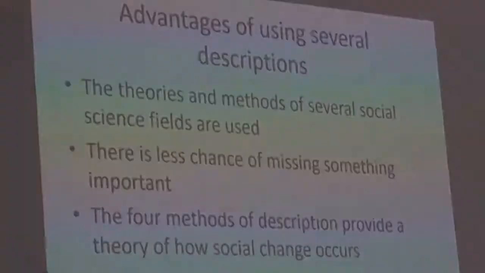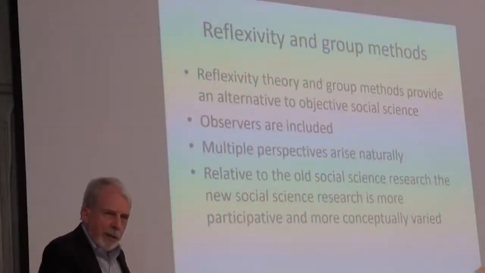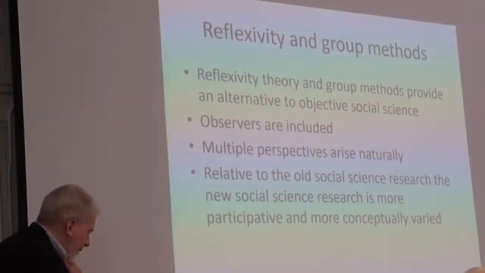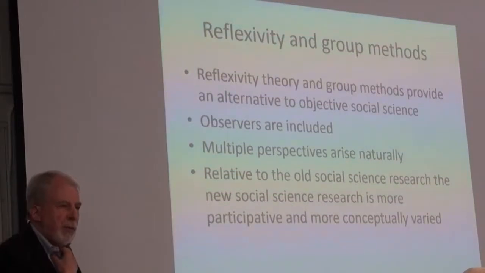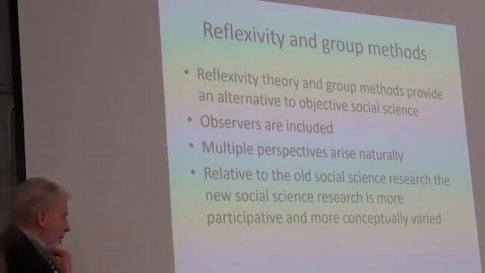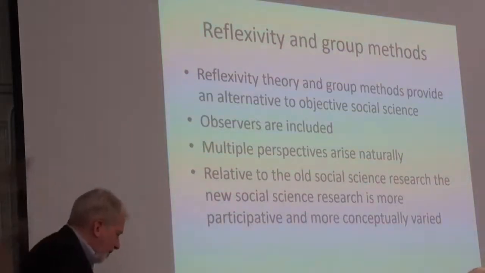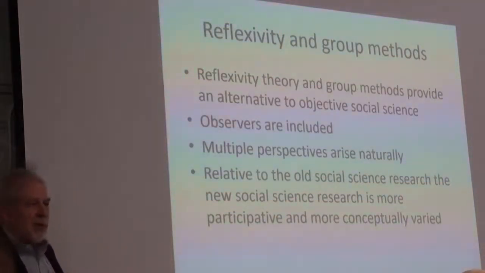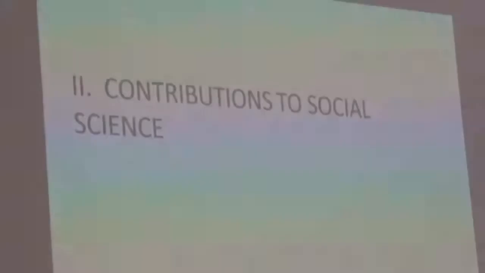reflexivity theory provides a theory of what I've just been describing. Observers are included. Multiple perspectives arise naturally. Relative to the old social science research, the new social science research is more participative and more conceptually varied. So that's social science.